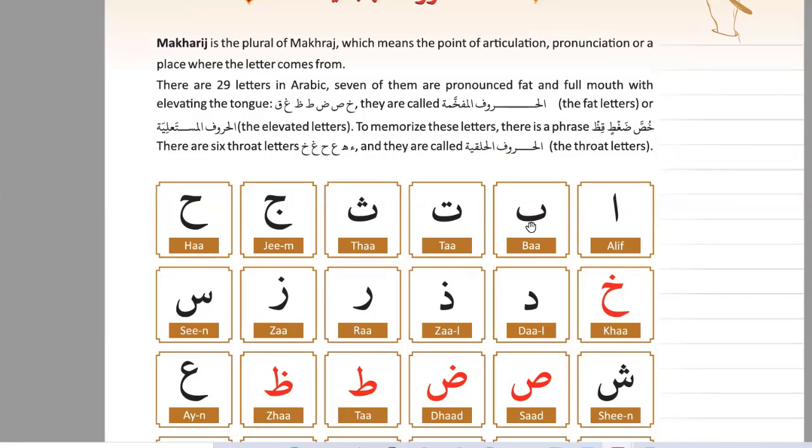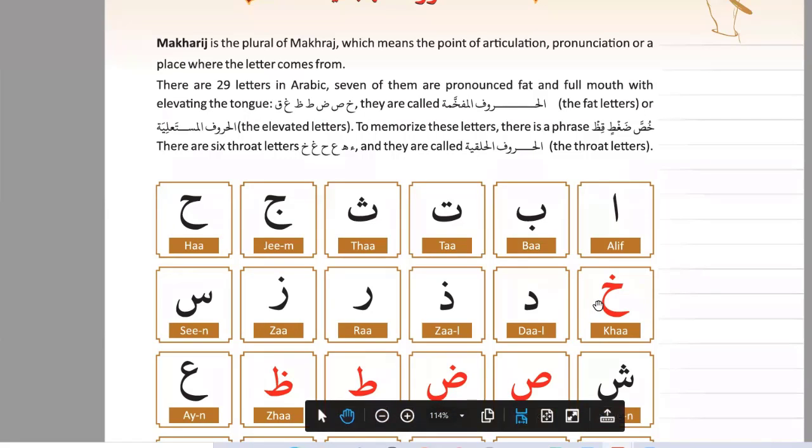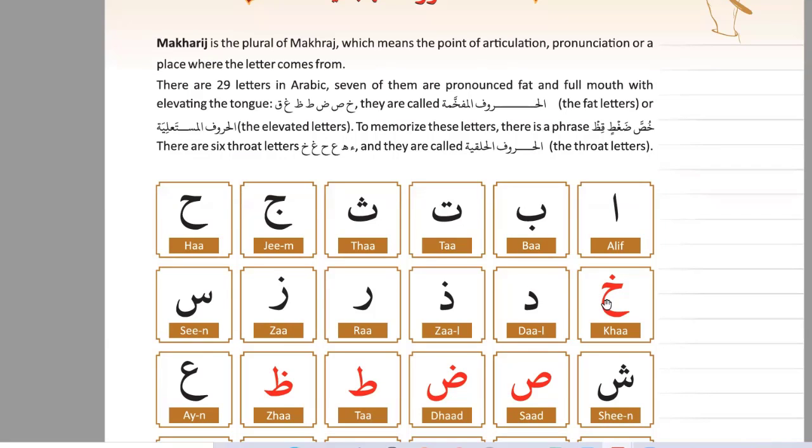Alif, Ba, Ta, Tha. Soft letters, tongue letters. Then Jeem, Ha, Kha. Kha has a little snoring or scratching sound, and you can see the letters which are marked with red color. These are awesome letters, right?